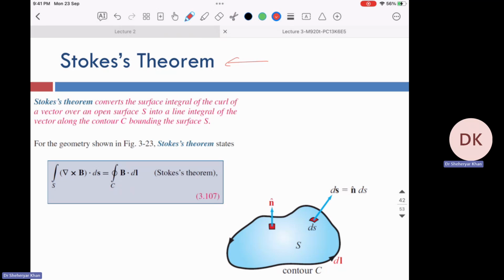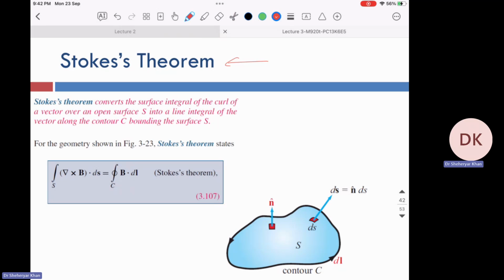Remember what the divergence theorem helps us with. It helps us to analyze the flow of the electric field, which is what we call the flux, right? How much flux is entering or leaving. Stokes' theorem helps us to see the circulation of a vector field, right?